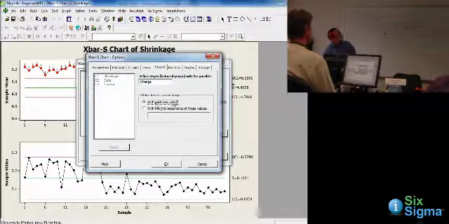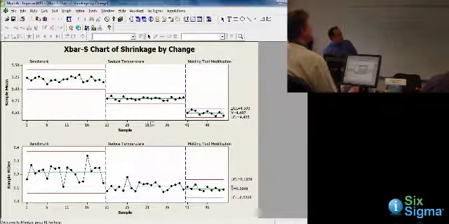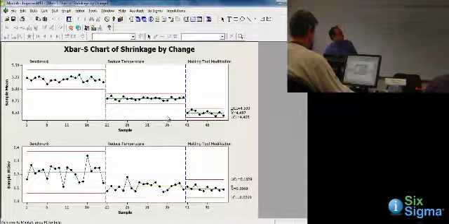So go into Options. If you click on Stages, define stages with this variable, choose Change, and leave the defaults where we define a new stage with a new value in the column Change. So there should only be 3 stages. Go ahead and click OK and OK.